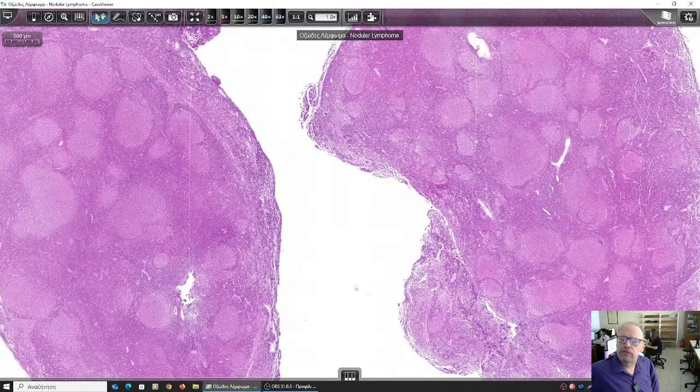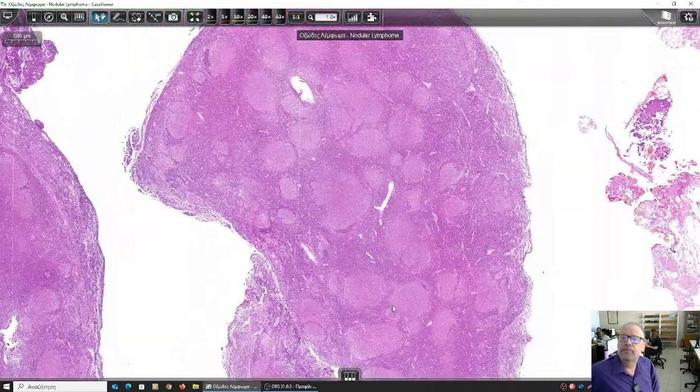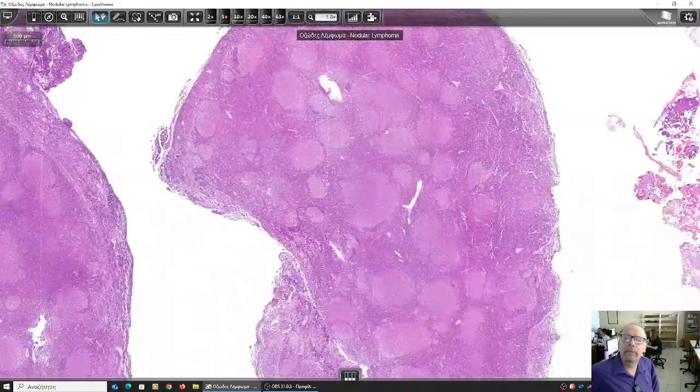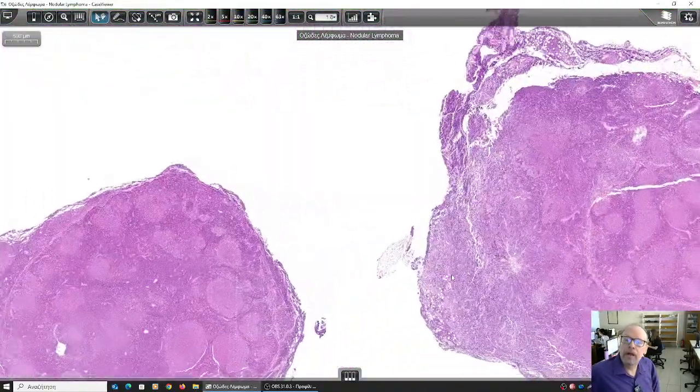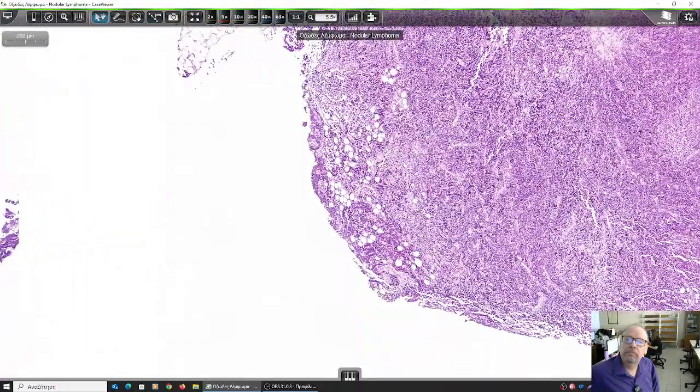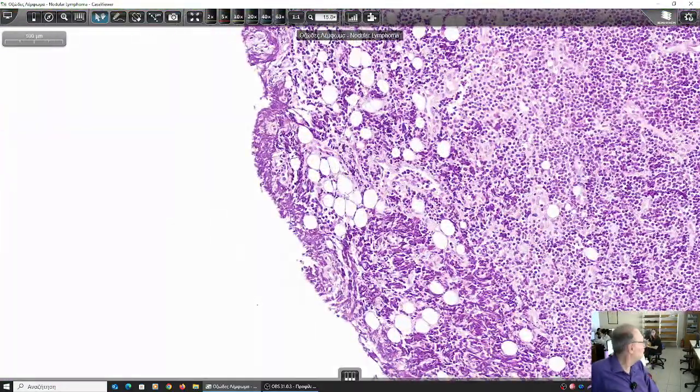Oh, I'm not sure I can see the capsule. However, I can see that, what are these cells? Here, fat cells. So, there are some lymph nodes that have fat cells within the lymph tissue.